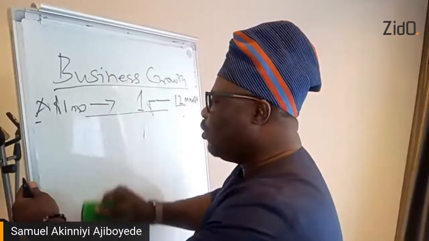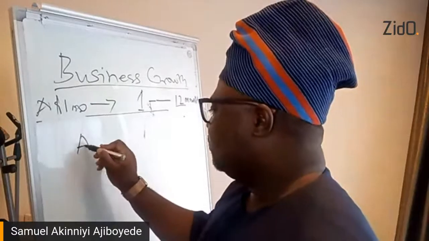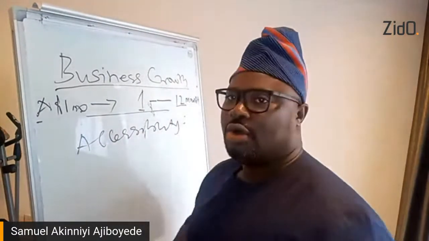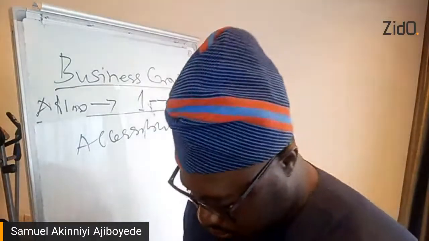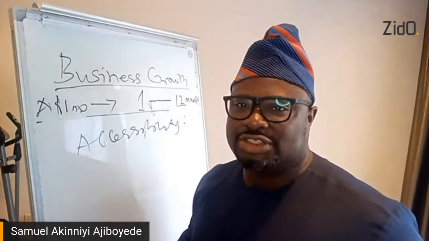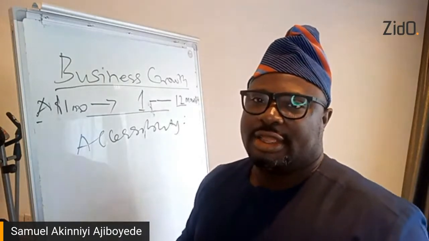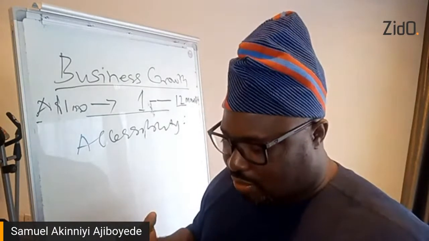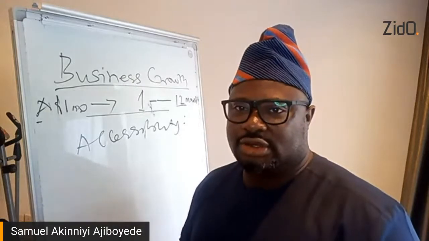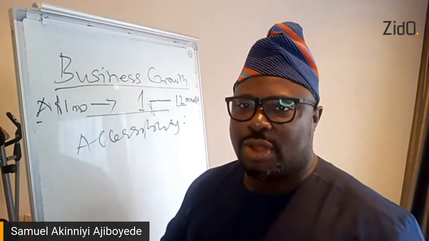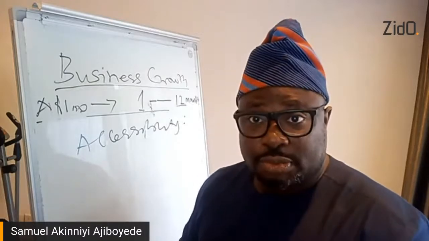Another key element of growth is accessibility. What is accessibility? Accessibility is having access to customers. Most conventional banking does things manually, so they require a lot of physical presence.